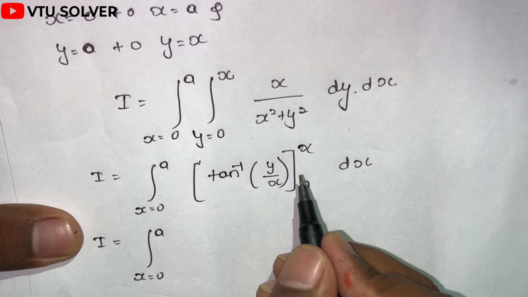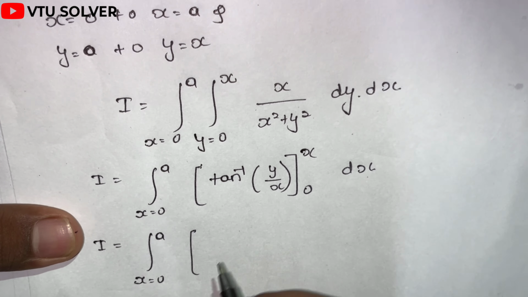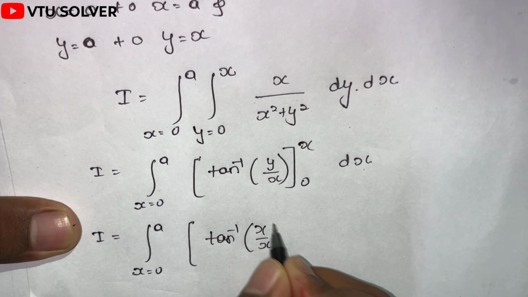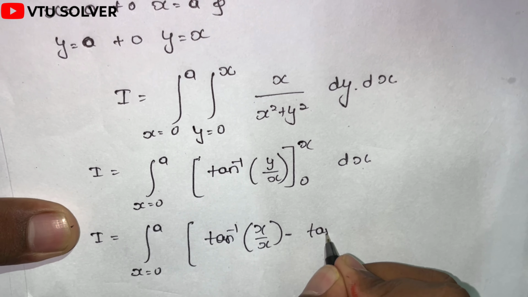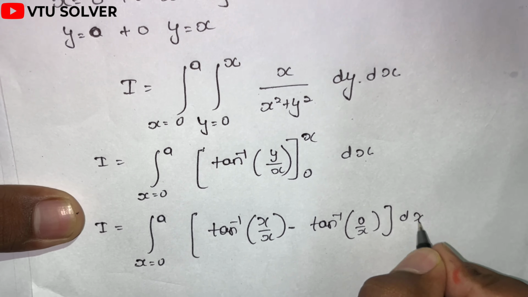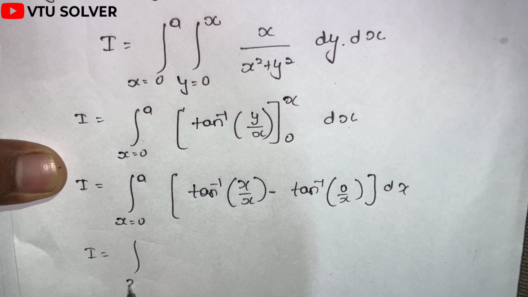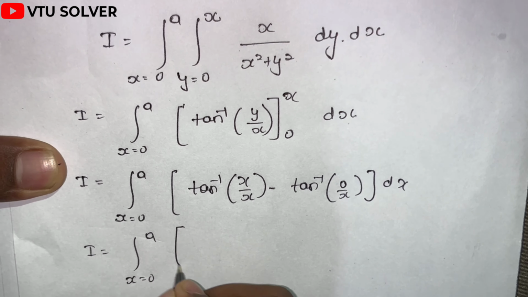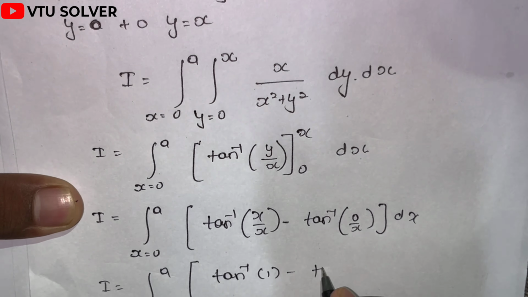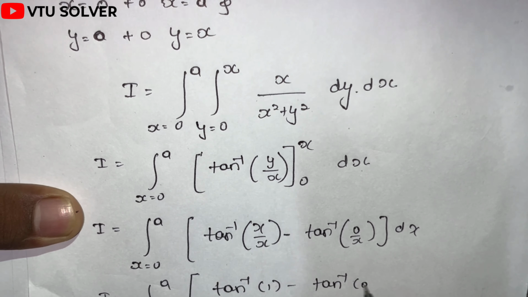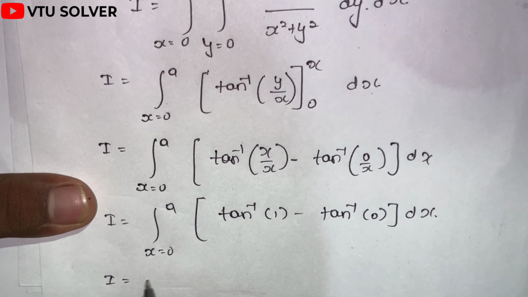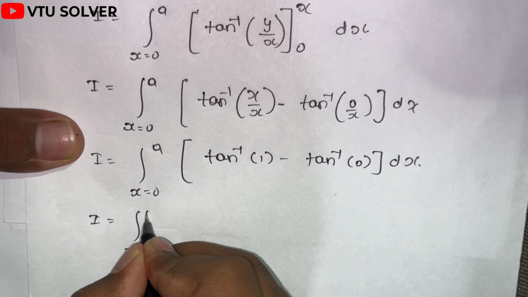Now substitute the value in this. Then it will become tan inverse of x by x minus tan inverse of 0 by x, dx. Now it will become x is equal to 0 to a, tan inverse of 1 minus tan inverse of 0, dx.